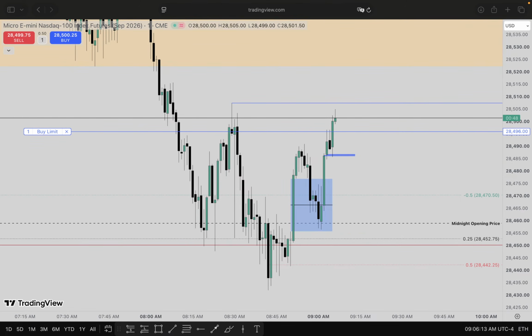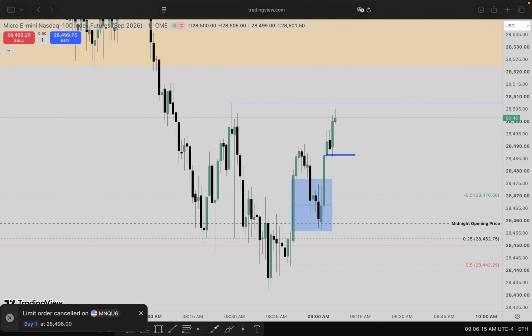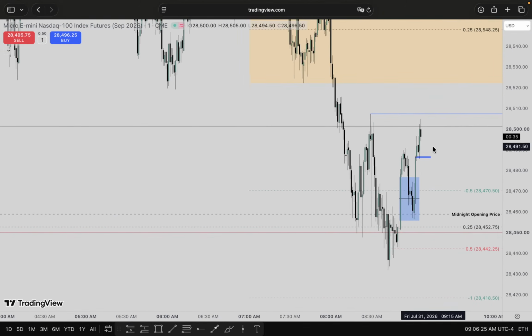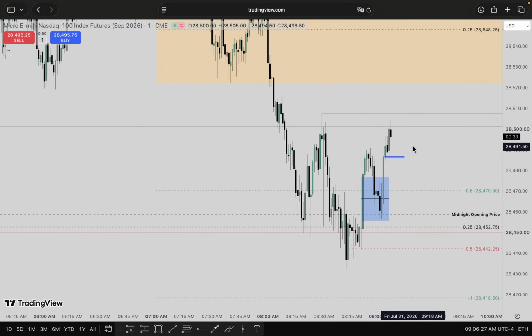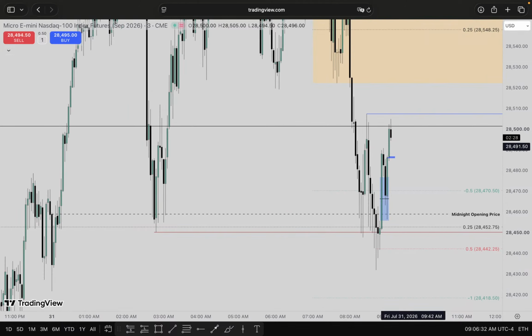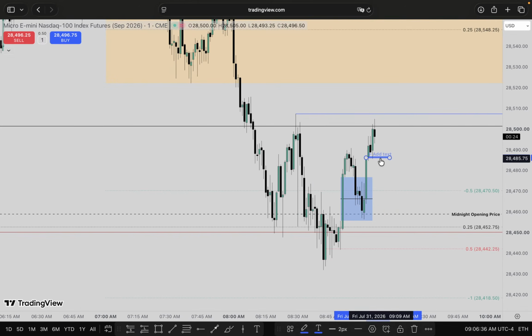Hold on. Actually, I see something better right there. I like when it's coupled like this. And we just reached a new week opening gap. What's that, the high or the low? Yeah, that's the high. So I want to see this actually. Yeah, hold up. Gonna wait for that.